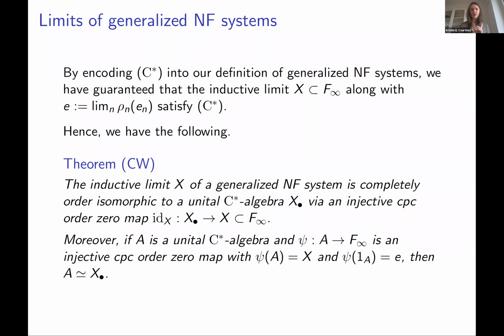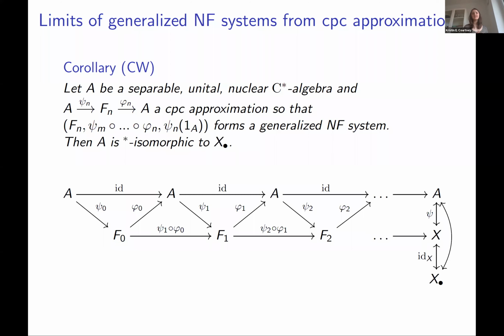Taking that back to our example, if we took our separable unital nuclear C-star algebra and that CPC approximation that we were guaranteed that forms a generalized NF system, then A is already going to be star isomorphic to X bullet, because psi was an injective CPC order 0 map whose image was X. So in a sense, this construction rebuilds the C-star algebra from our completely positive approximation.